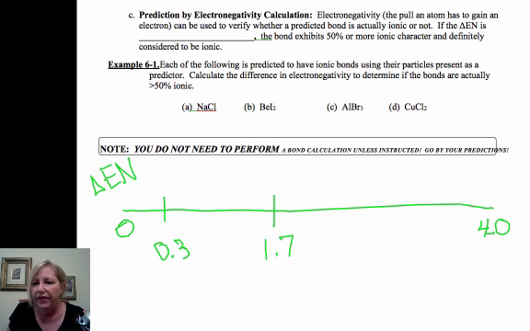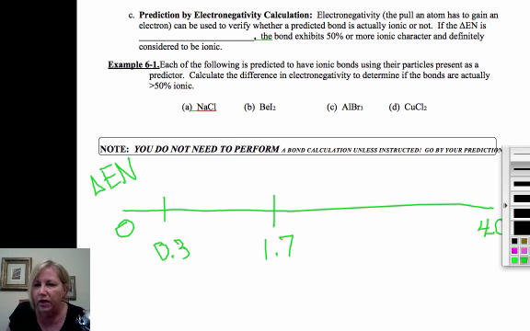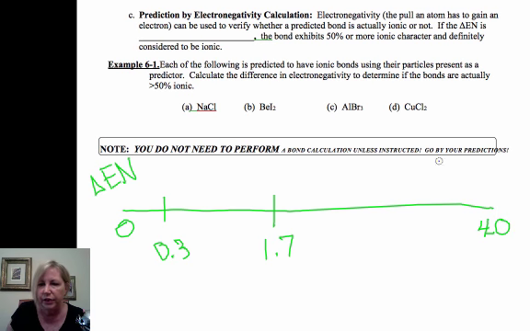If we take the difference in electronegativity, we just take the big number and take away the small number. If it's 1.7 and greater, we calculate it as ionic. The reason we do that is because scientists have found that above 1.7, it behaves as if it's ionic and has the properties of ionic.